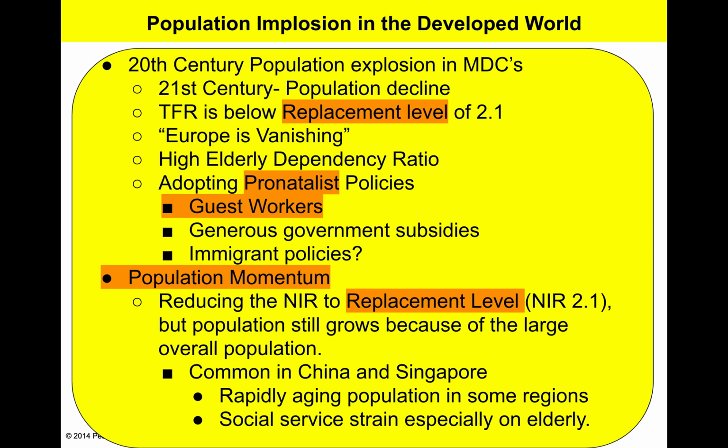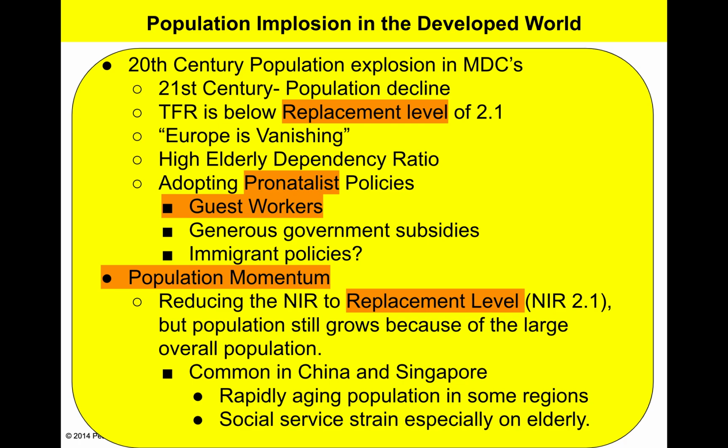And then there's adopting pronatalist policies, which encourage women to have more children. We see these policies in many parts of the world, with European countries, but also the reasons we see those is because of guest workers, those that come from neighboring countries to fill vacancies in jobs. They also have generous government subsidies for having children, such as in Japan.